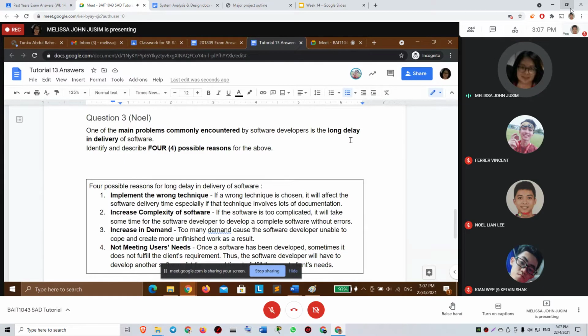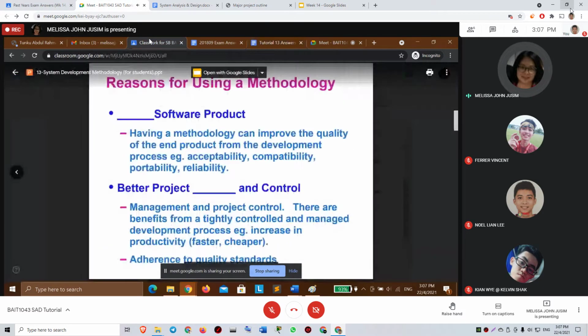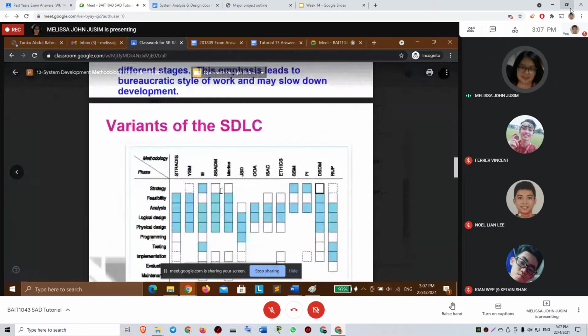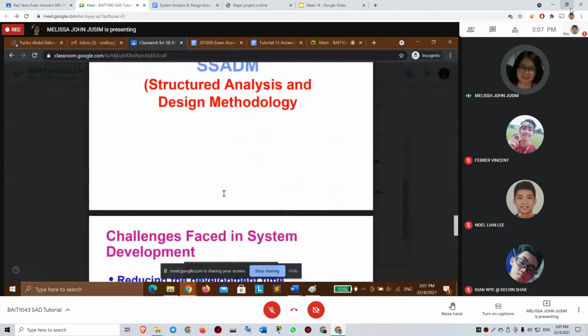Long delay in delivery is one of the software development problems, which is the last part.